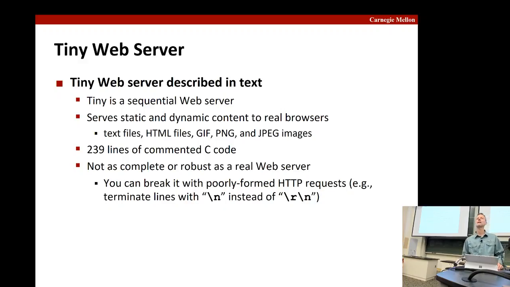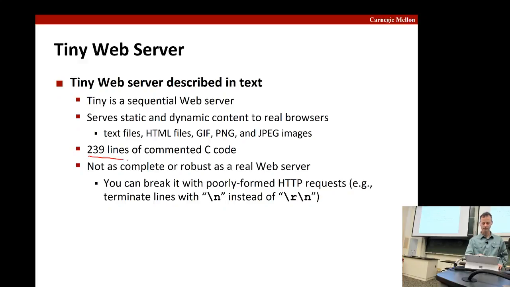So now we're going to spend most of the rest of the lecture talking about the tiny web server, which has rudimentary functionality of a web server, and you can look at the code to help you learn how to structure things and how things work.